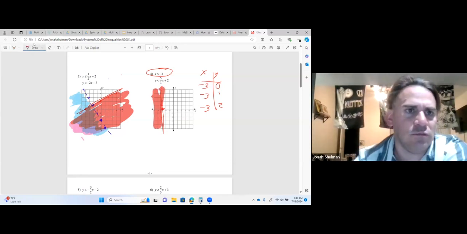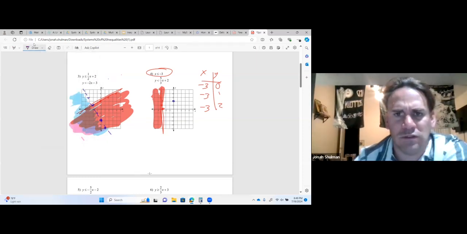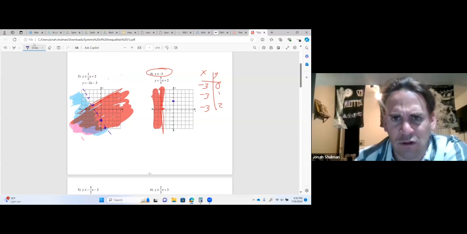So I'll do the other line in blue. So here's 2. I hope the rain isn't too loud. I'm going to go up 5. Well, I can't go up 5 and over 3, but I can go down 5, 1, 2, 3, 4, 5, and forward back 3, 1, 2, 3. So here it is. And this is our dotted line. We want everything what?